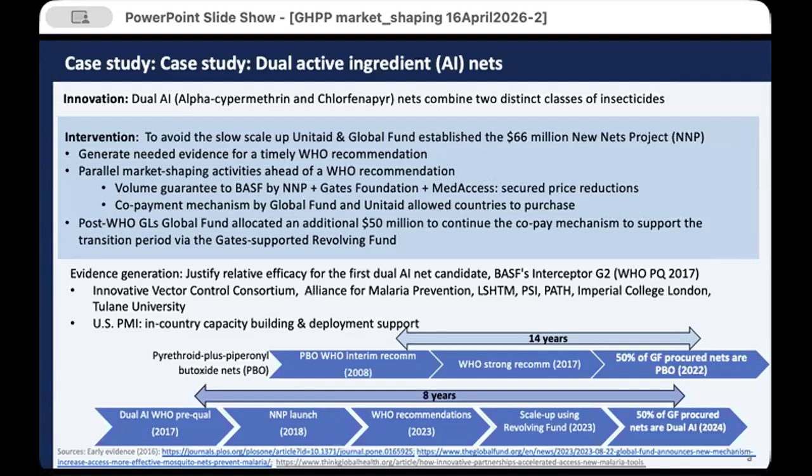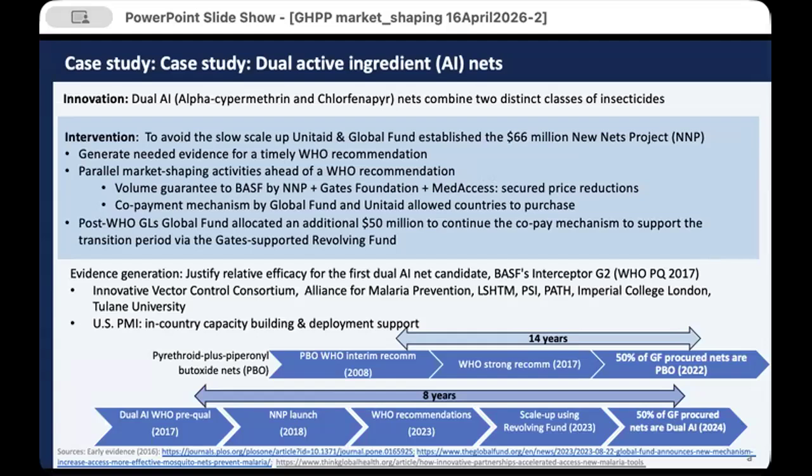Post recommendation, the market shaping did not stop. Global Fund allocated an additional $50 million through a Gates-supported revolving facility, underwriting volume guarantees with two suppliers, BASF and newly pre-qualified Vestergaard, bringing the dual AI prices down to levels comparable to PBO.